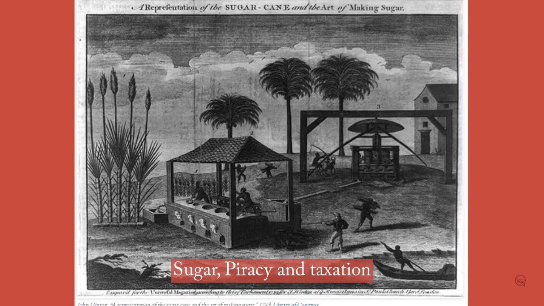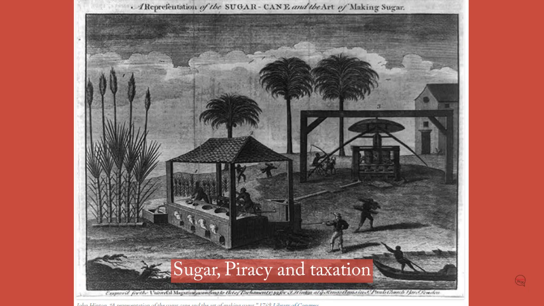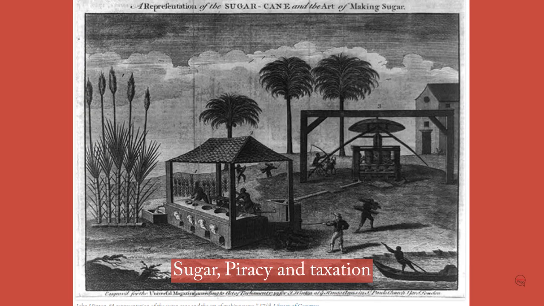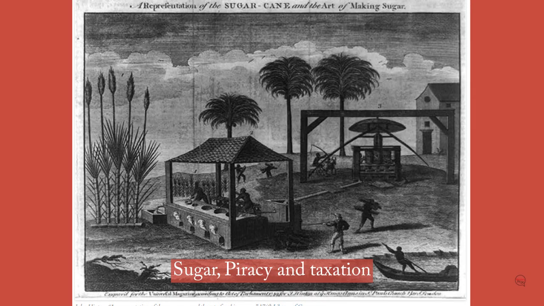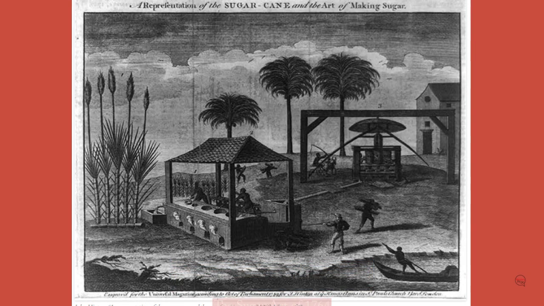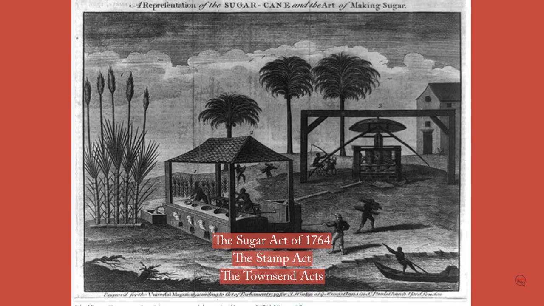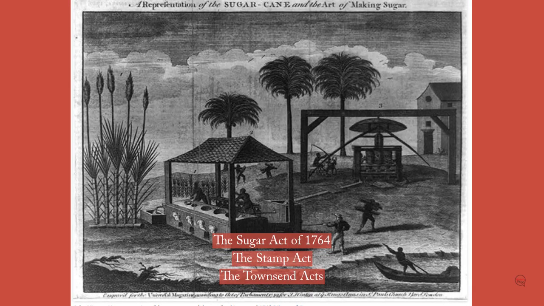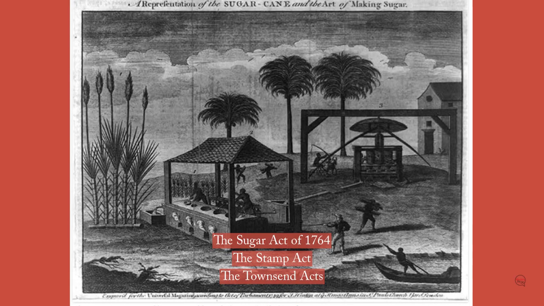Under the Navigation Acts, trade in the British colonies was strictly controlled. This led to piracy and smuggling. Bribery was also very common. The British government attempted to control not only trade, but taxation upon the products that were imported into their colonies.